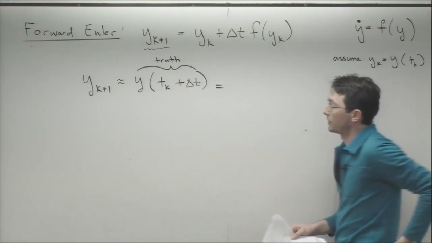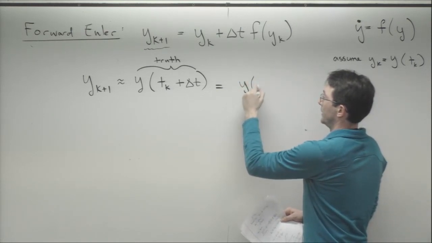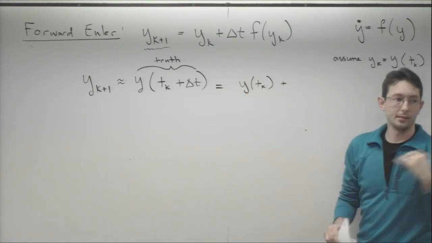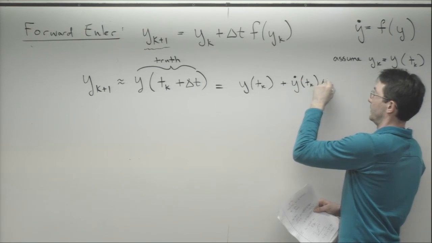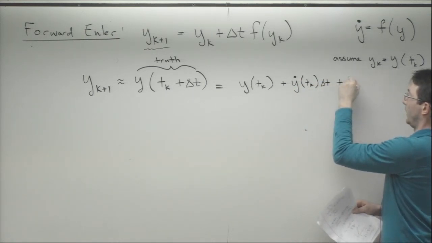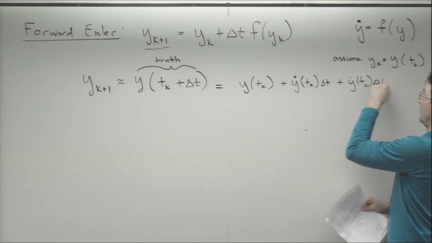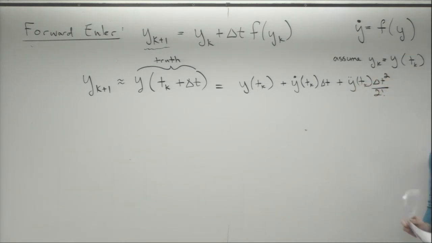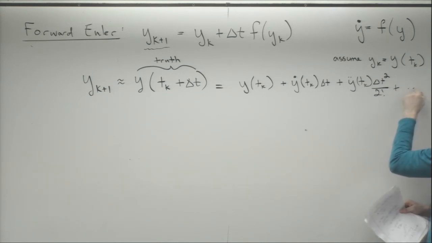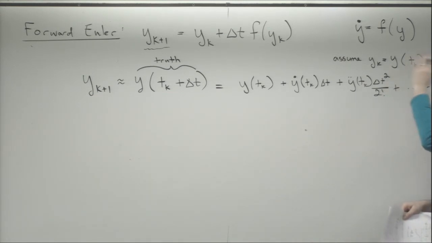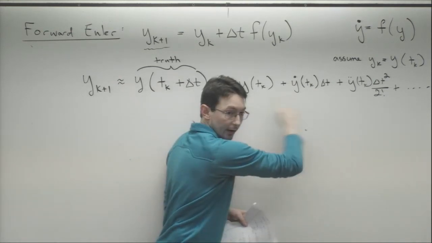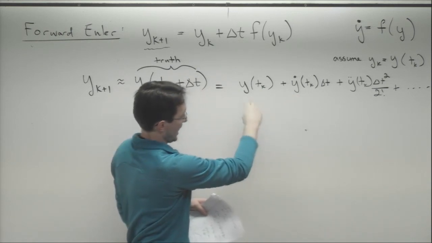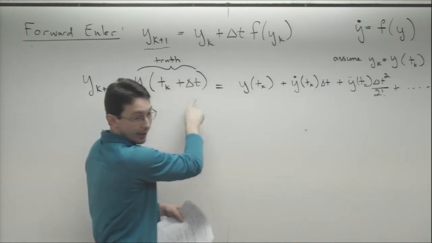So this is exactly equal to y evaluated at tk plus y dot evaluated at tk times delta t plus y double dot at tk delta t squared over 2 factorial plus, I could keep going, y triple prime delta t cubed over 3 factorial and so on and so forth. Okay, so we're approximating this true solution here, which would be the actual solution if I evaluated it at tk plus delta t.